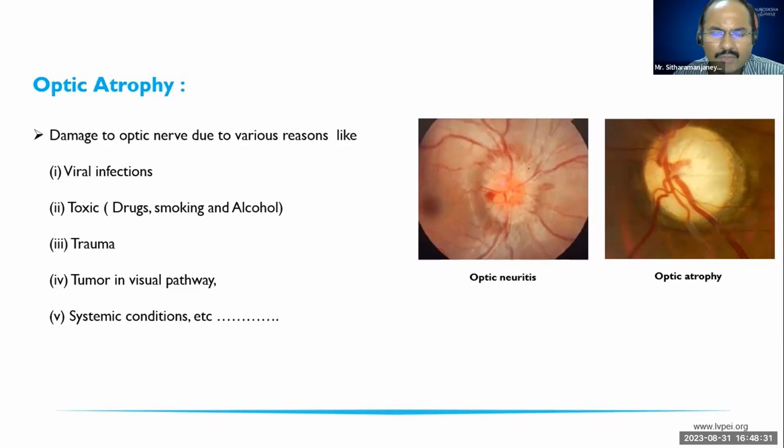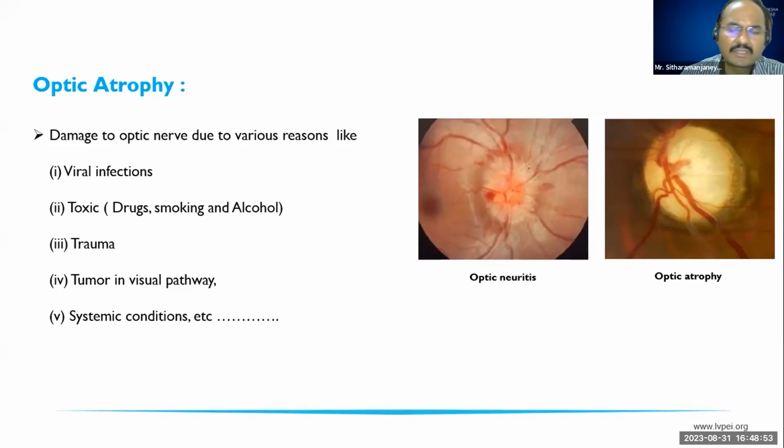Sometimes the patient may have a tumor in the visual pathway, meaning the connection between the optic nerve and the brain. If there is a tumor in this pathway, when it grows it might press on the visual pathway, and the patient will notice sudden loss of vision or field defect.